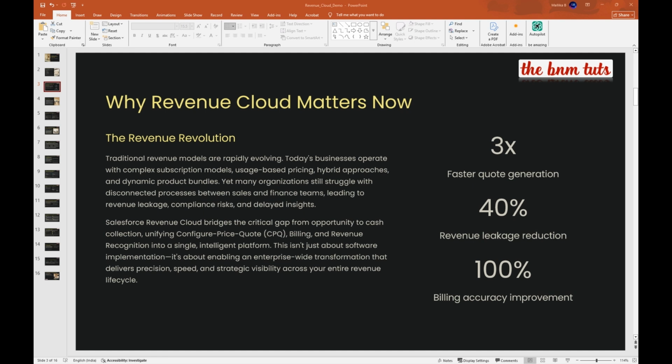Because of this lower efficiency, there will be revenue leakage, that is, missing the renewals. Incorrect invoices will also be created, and manual handoffs, that means manual errors, will happen, and there will be delays in generating quotes and providing invoices to customers. And inconsistent data, that is either duplicate data or data that is not correctly entered or not updated regularly across sales and finance.